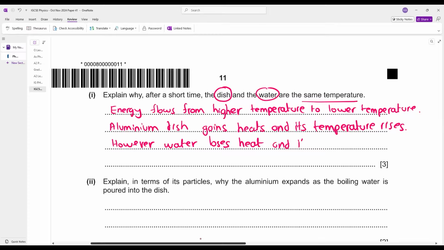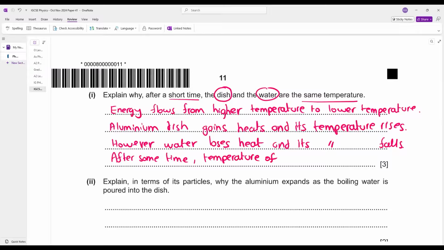and its temperature falls. लास्ट में आपने क्या बताना है? Why after a short time the dish and water have the same temperature? What will be your last statement? You will say after some time, temperature of dish is equals to the temperature of water.